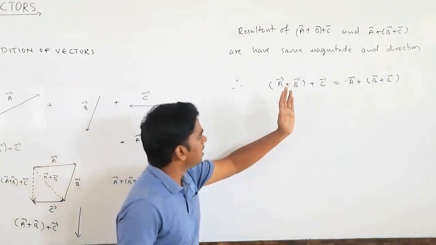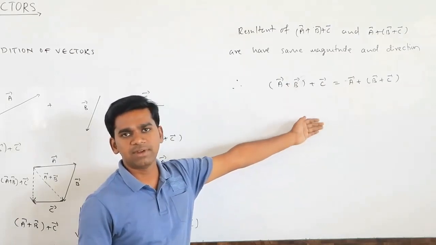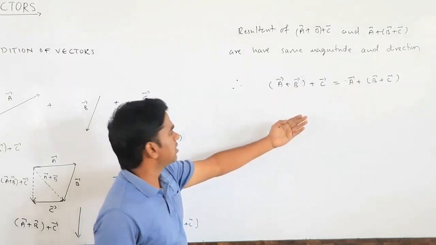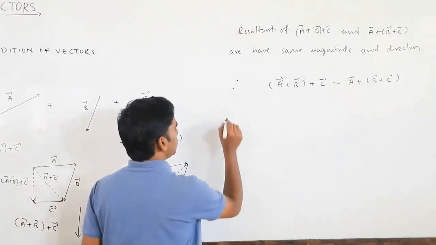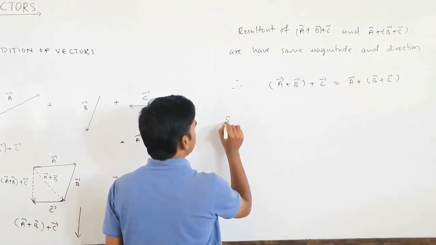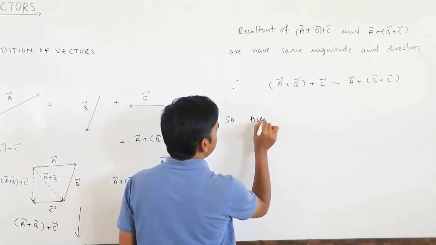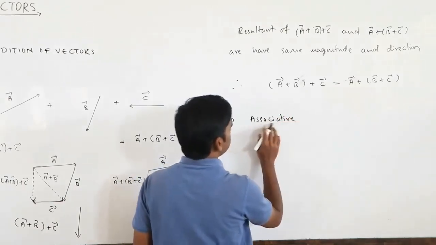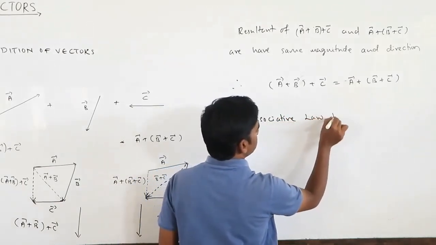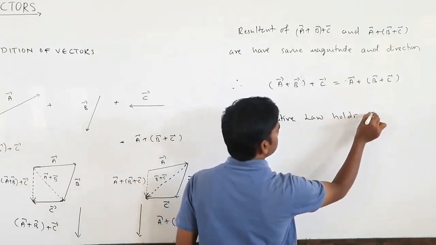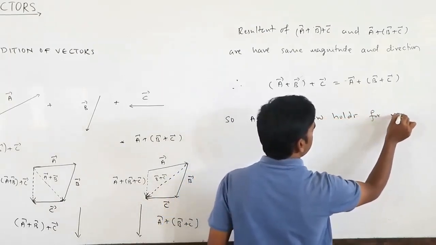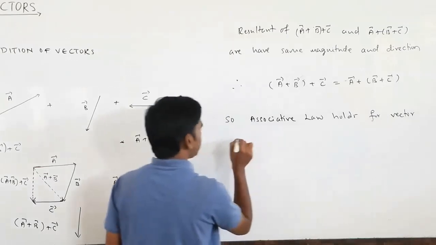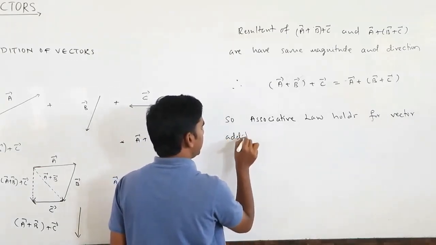So you must have learned this again in your high school. What kind of law is it? This is the associative law. So that is why associative law holds for vector addition.